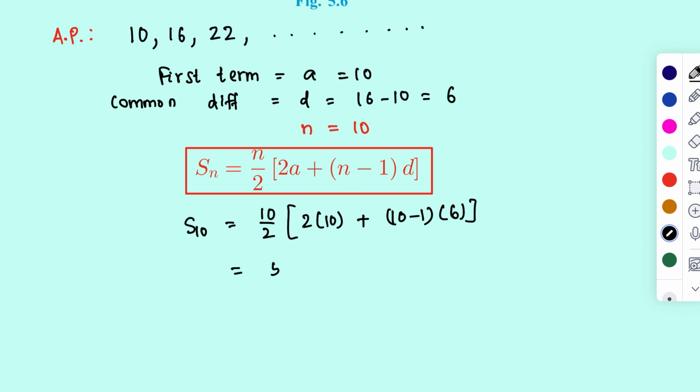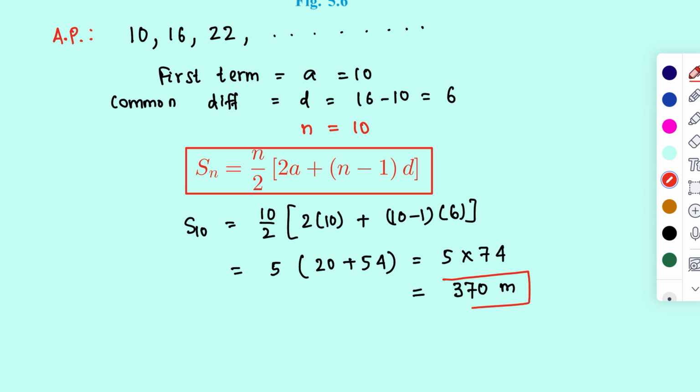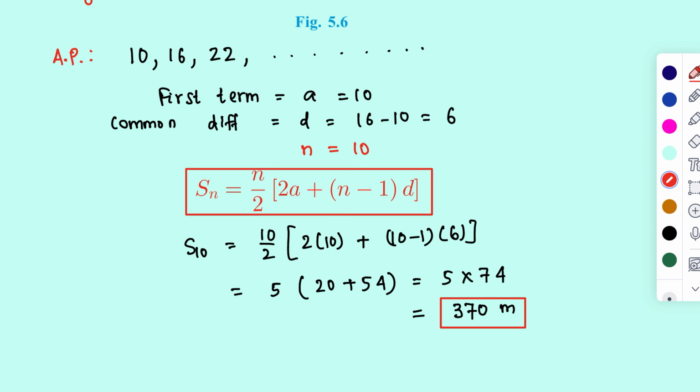This will be equal to 5 times 20 plus 9 into 6, that is 54. So 5 into 74, this will be equal to 370 meter. This is the distance the competitor has to travel to collect all these 10 potatoes and to put them in the bucket.